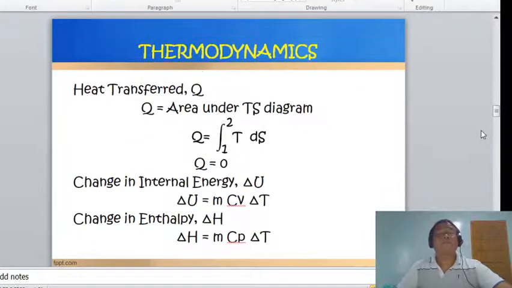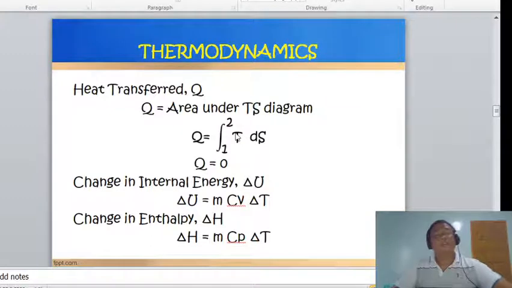Another, for heat transferred. If we again look at the TS diagram, knowing from the condition that the heat transferred is equal to the area under the TS diagram, but for S equal to constant, therefore dS is equal to 0. That is why Q is equal to 0.